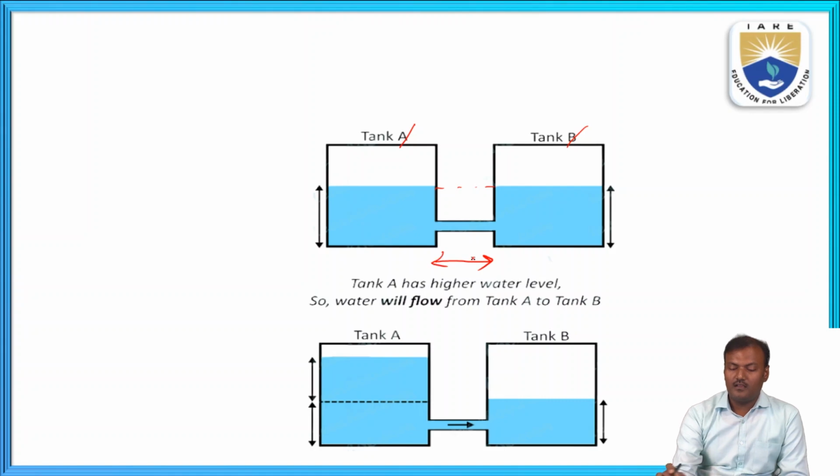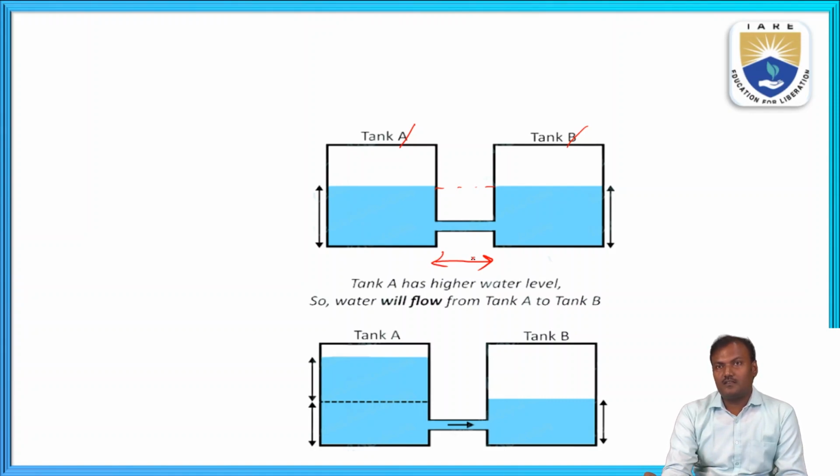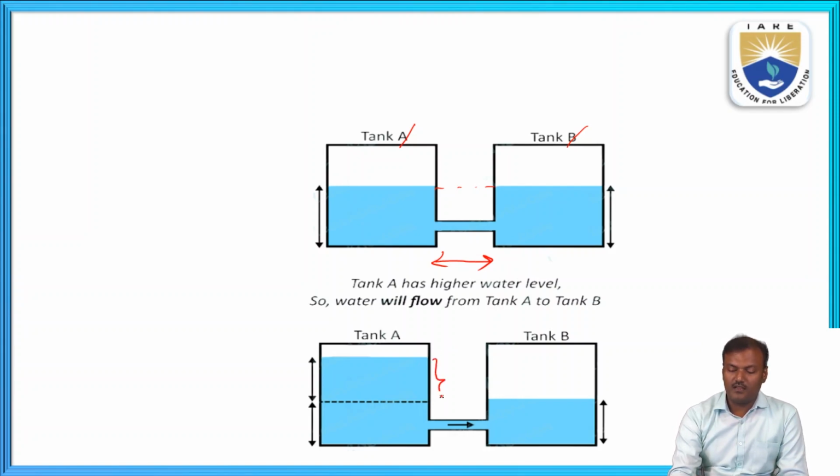Since the two are at the same levels, no water is flowing from tank A to tank B, or in the reverse case, tank B to tank A. And in the second case, the water level in tank A is higher as compared to tank B. So it is clearly represented as water flowing from tank A to B.